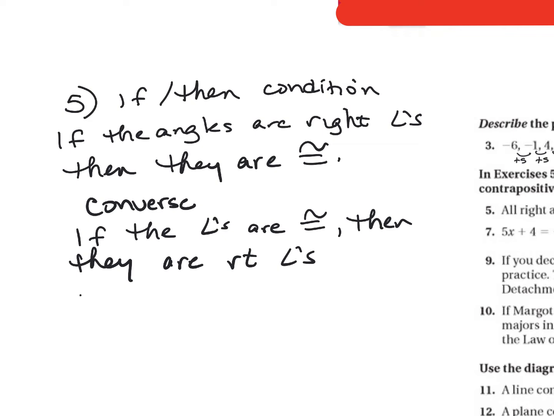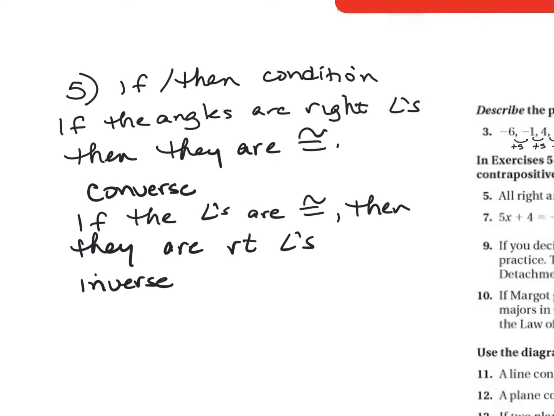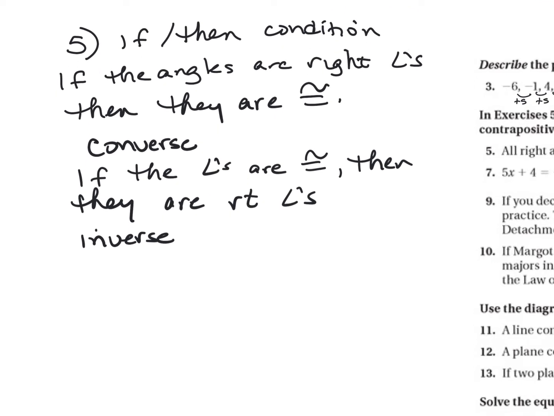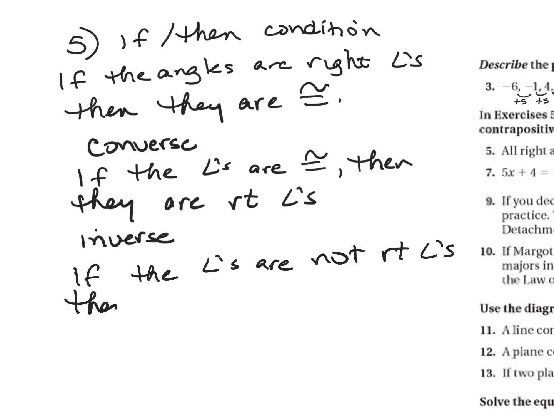Next was the inverse. This is where I'm going to negate both the hypothesis and the conclusion. So I could state that if the angles are not right angles, then they are not congruent.